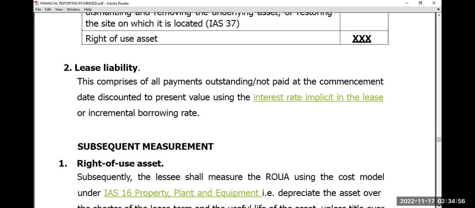Then we look subsequently at the reporting date. The other one was initial measurement, what we actually include when you have just acquired the right to use the asset. But how are we going to be accounting for these two items, the right of use asset, or the actual asset in use, and the lease liability, at the end of the year? Which figures are we going to incorporate into our balance sheet and financial statements?